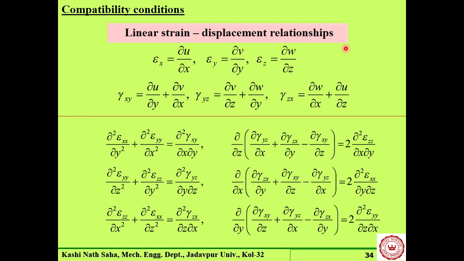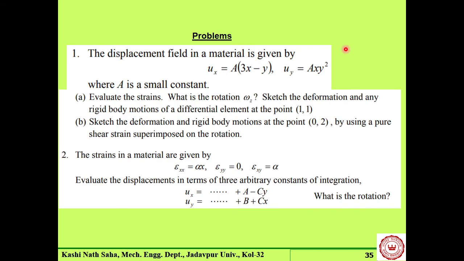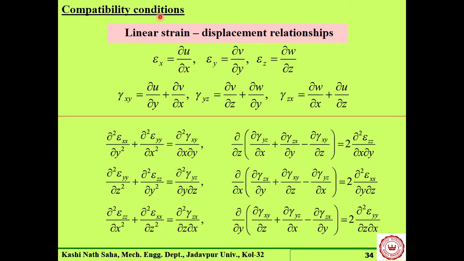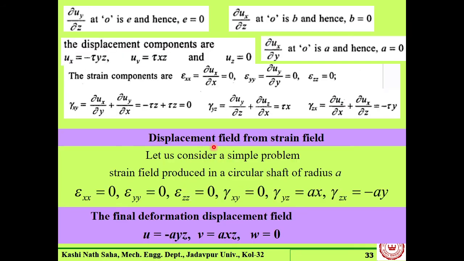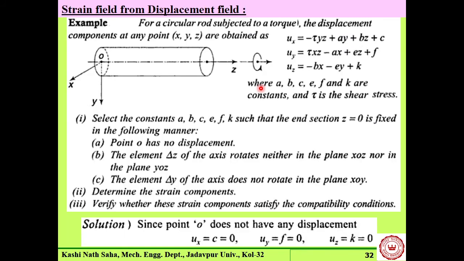And additionally there are some more relations known as the compatibility relations. That means, when we are finding a strain field, the strain field that we obtain here is ultimately coming from a displacement field. If there is a given displacement field, corresponding to that we get a strain field.